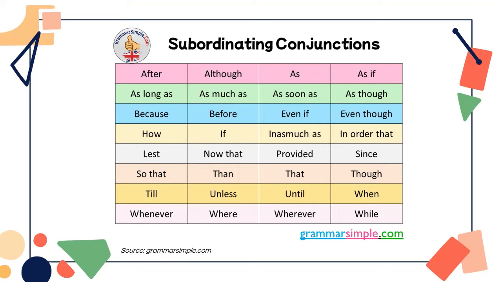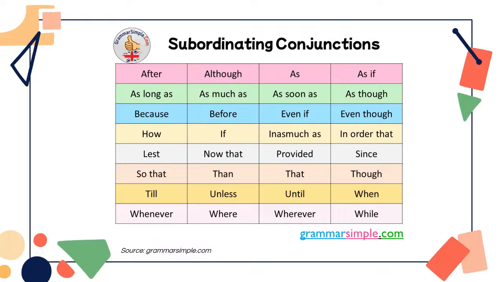The next one is subordinating conjunctions, which are the conjunctions that we usually use to connect unparallel clauses, or in other words, they connect independent clause and dependent clause.